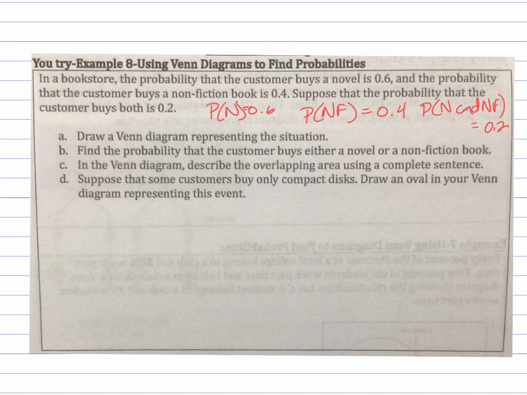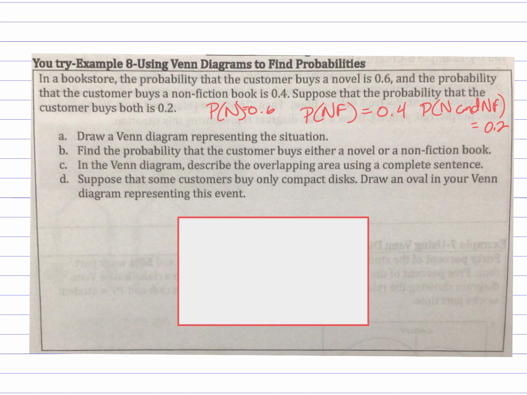All right, so let's just get our Venn diagram going. Need to do a rectangle first, followed by 2 circles. And then I just need to extend one of these.